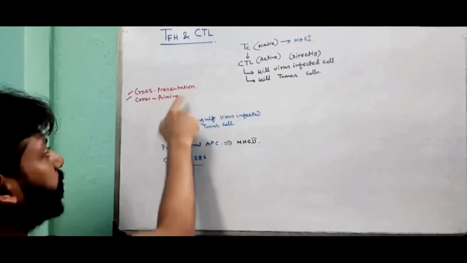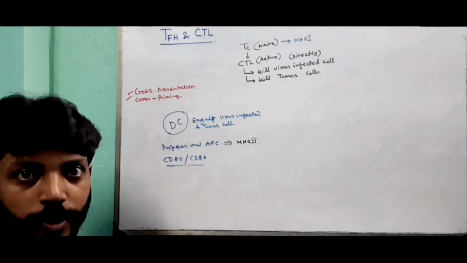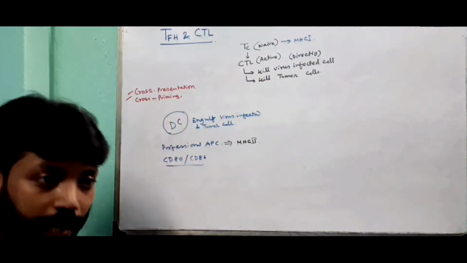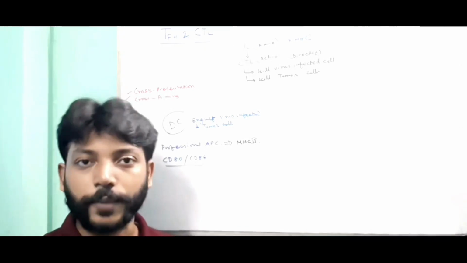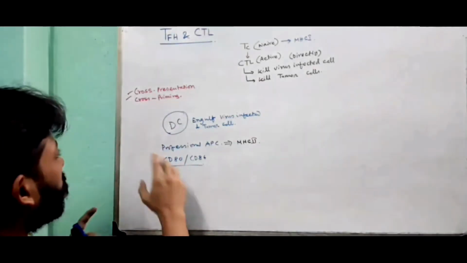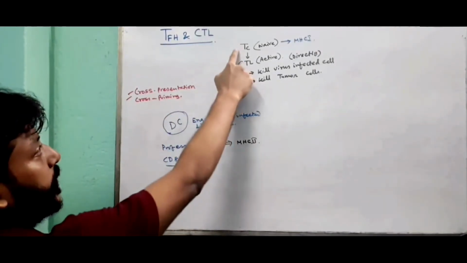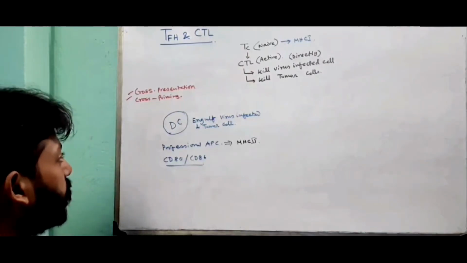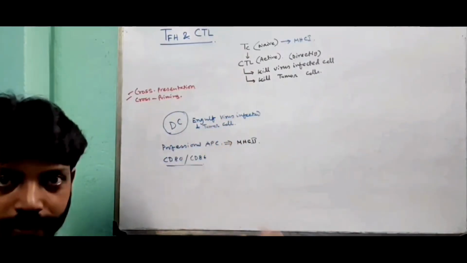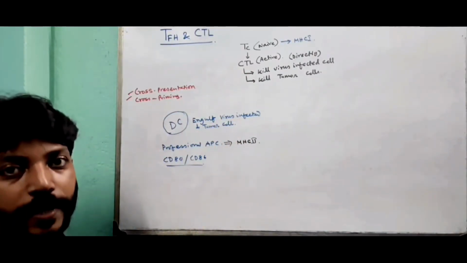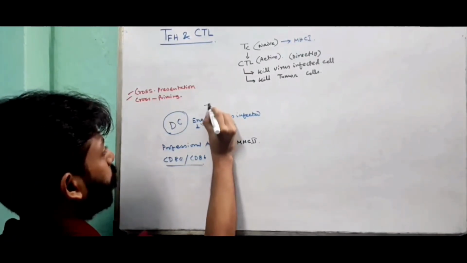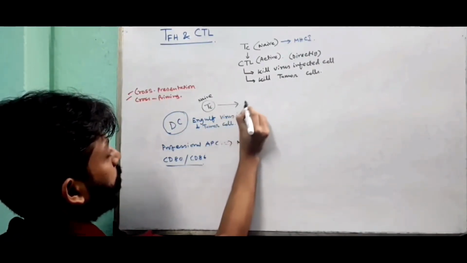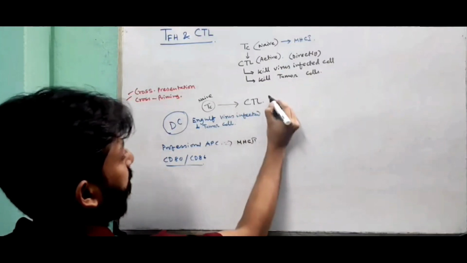That is called cross presentation. It does not generally occur, but some dendritic cells are capable of presenting antigen through class 1 MHC molecules. So this is very important for TC cell activation. Now these dendritic cells present the virus antigen or the tumor antigen to the naive TC cells, and these naive TC cells become activated cytotoxic T lymphocytes.